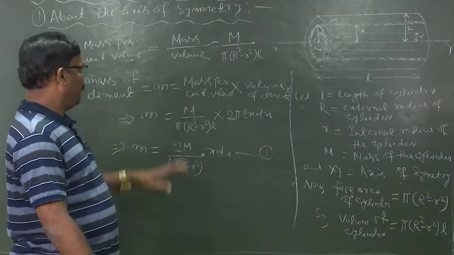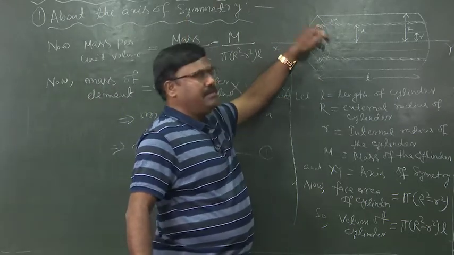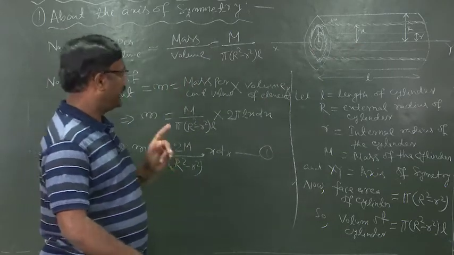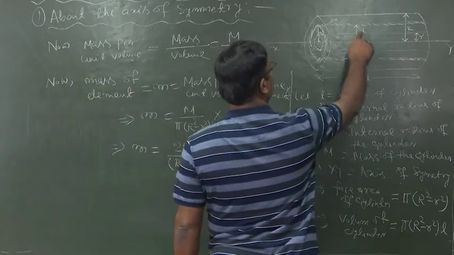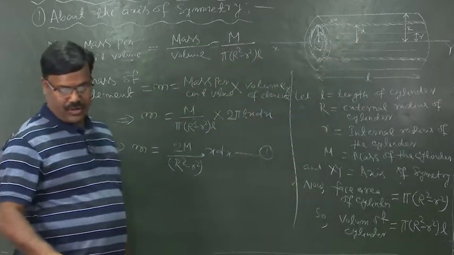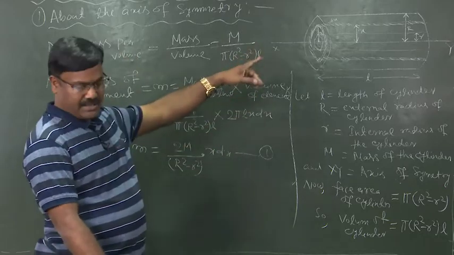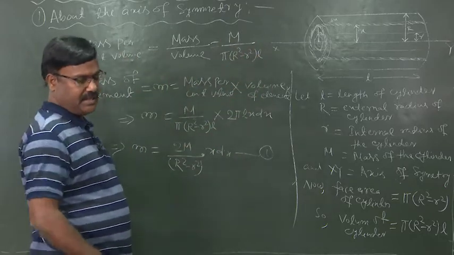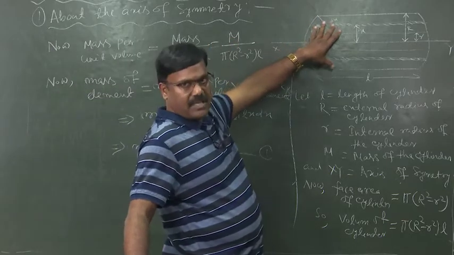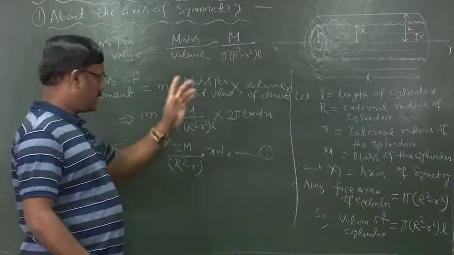Now, we have to find out the moment of inertia of this element about the axis of symmetry xy. The distance between the element and the axis is x. So, the moment of inertia of the element about the axis of symmetry will be equal to the product of the mass of the element and the square of the distance from the axis of symmetry.